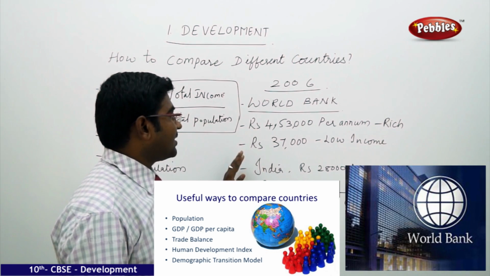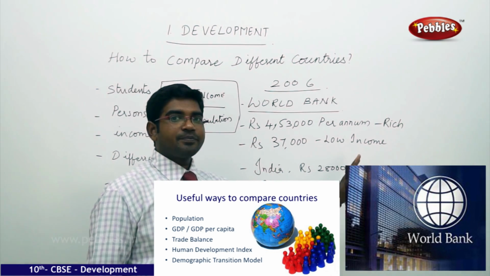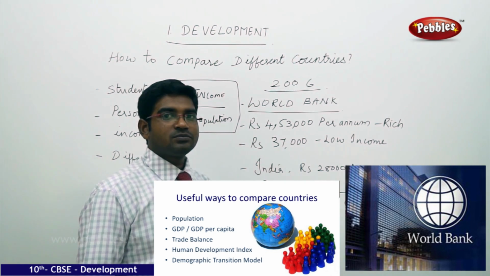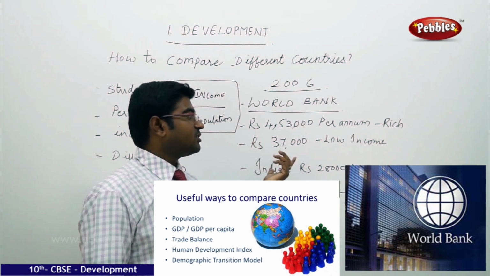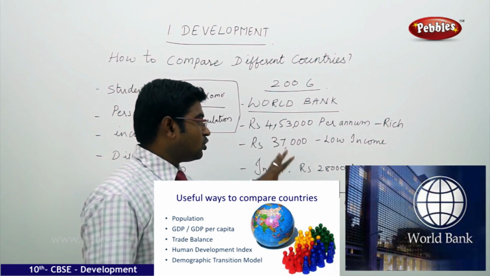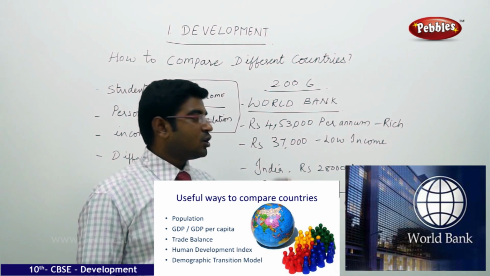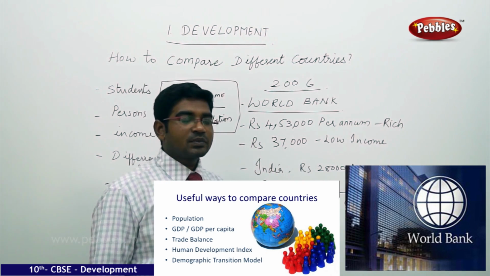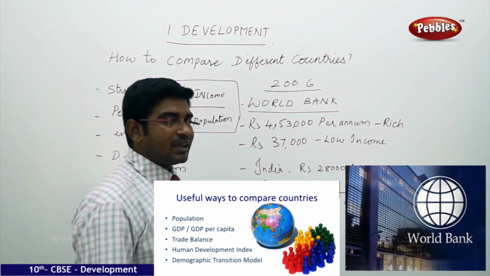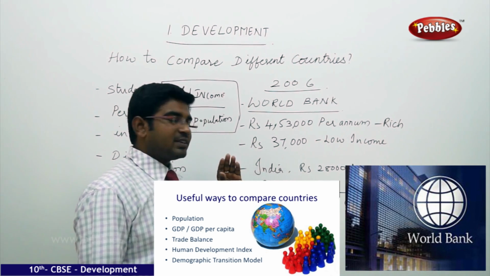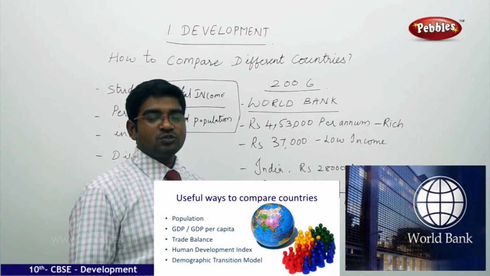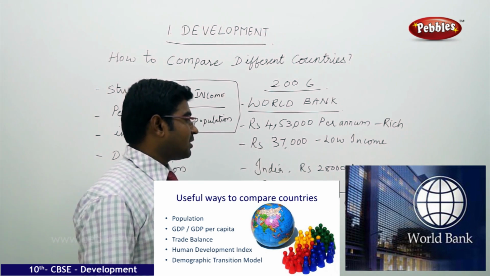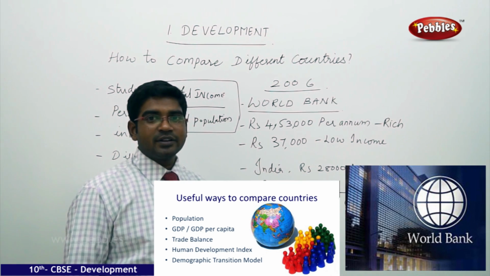Whose income is less than 37,000 and lower than that. Countries whose individuals get less than 37,000 and lower than that are considered as low income countries. And India's average individual earning is 28,000 per annum, which is very low. So India falls under the category of low income countries.